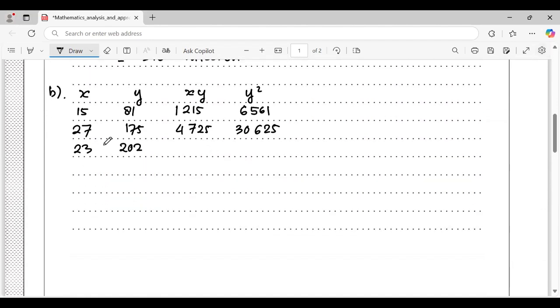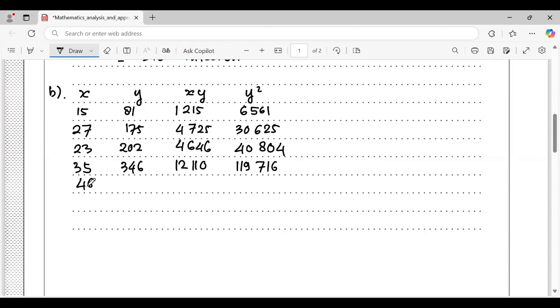Let's continue. So x times y, it is 4,646. This one is 40,804. This one 35, 346. This is 12,110. This is 119,716.